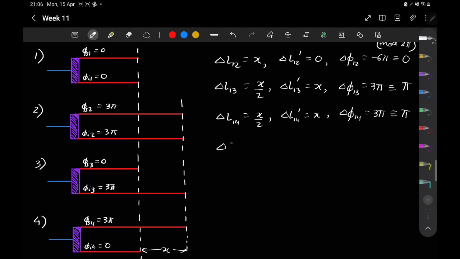Then between 2 and 3. Here also delta L is x by 2. Delta L prime is x. And delta phi. Note that whether we take 2 with 3 or 3 with 2, that order does not really matter.